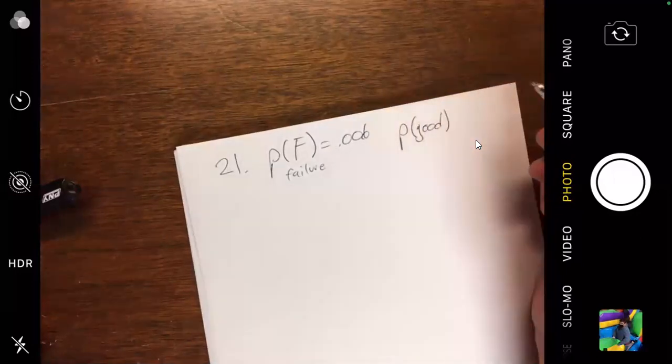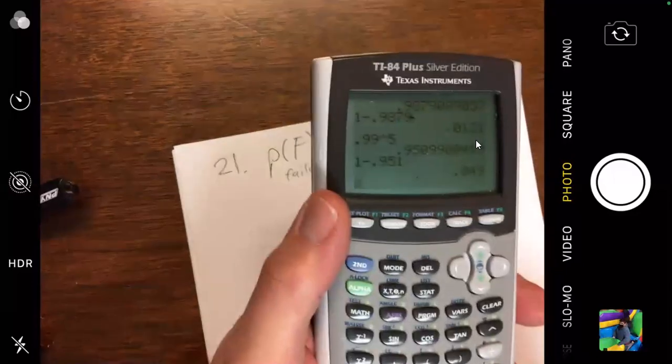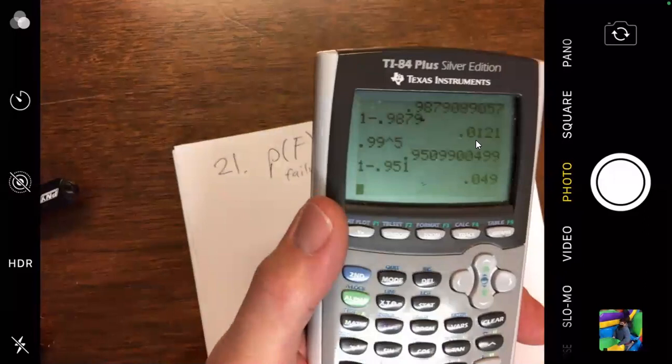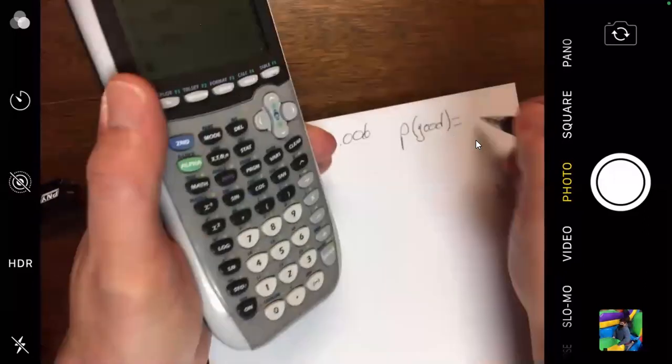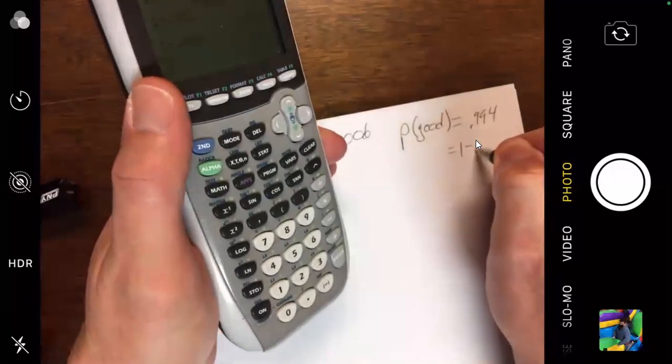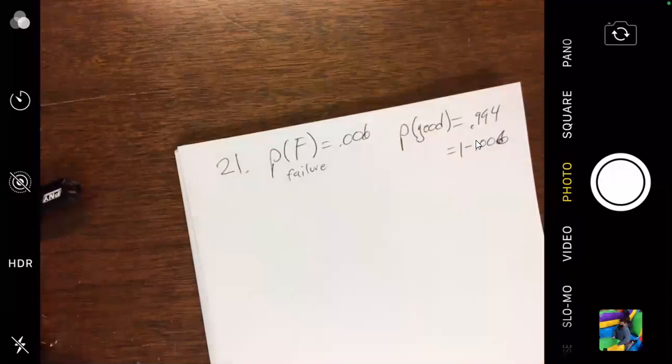Can you tell that would be 1 minus 0.006, 0.994. So in this problem, something fails or it doesn't fail, it stays good.